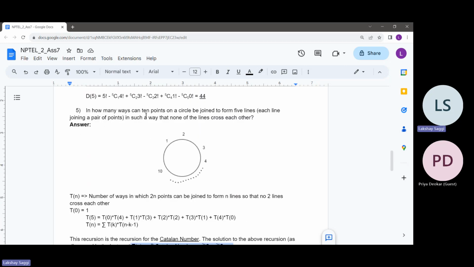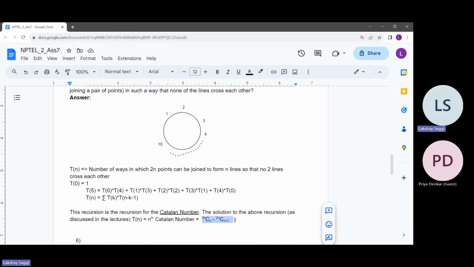Here we need to find out in how many ways 10 points on a circle can be joined. To find this, we took t of n as the number of ways in which 2n points can be joined. So if we have 2n points, the answer is essentially 2n choose n minus 2n choose n plus 1.